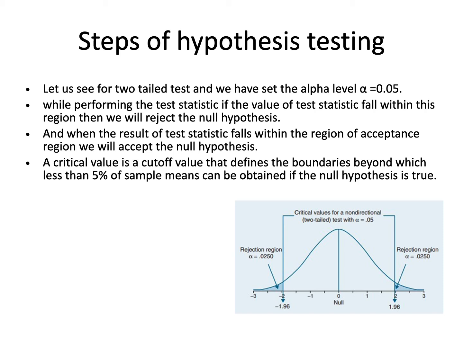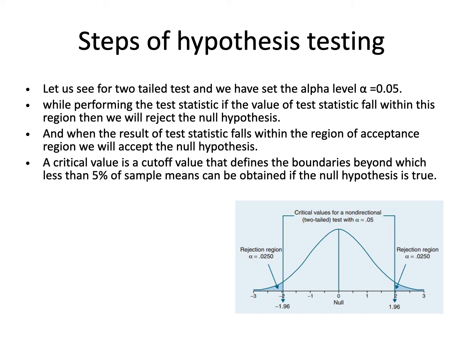The area covered by alpha by 2 on both sides is called the rejection region. While performing the test, if the value of the test statistic falls within this region of rejection, then we will reject the null hypothesis. When the result of the test statistic falls within the region of acceptance, within this region around the mean, we will accept the null hypothesis.